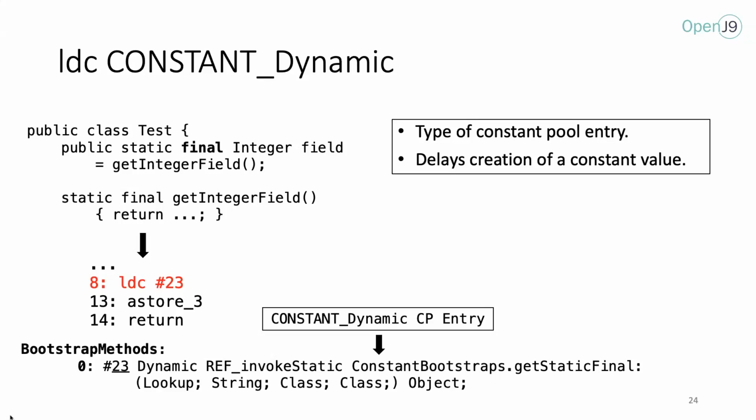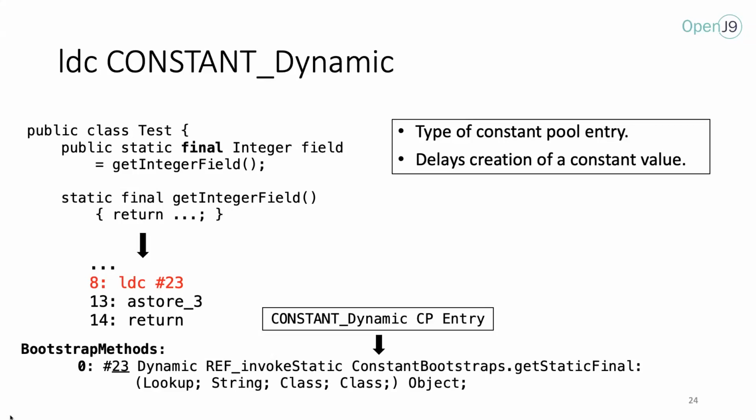In constant dynamic, what we're going to do is delay the creation of a constant value. And how this helps is that if a constant never gets used, we're never going to evaluate the value, and we don't even need to save the value, so we will also save on footprint. And the other benefit is, since we don't need to create the value at startup, we will have a faster startup.